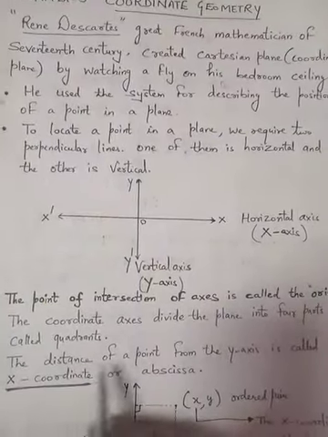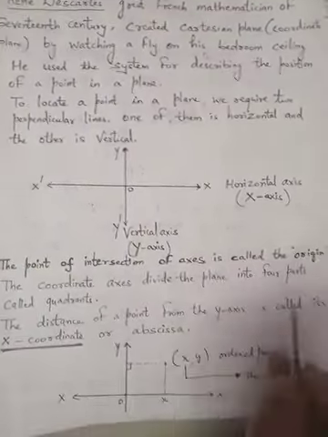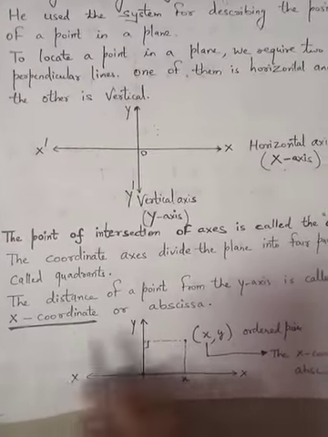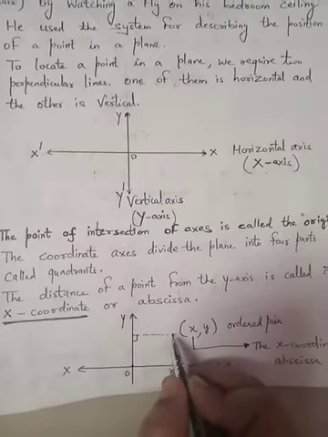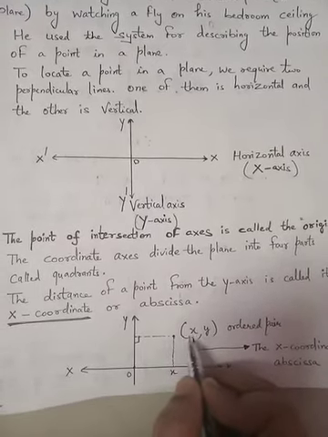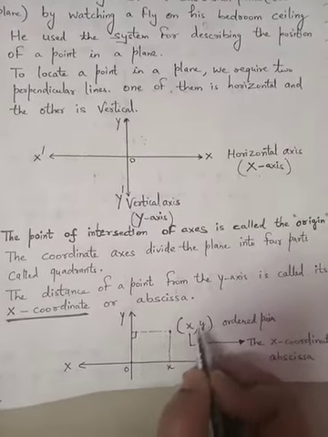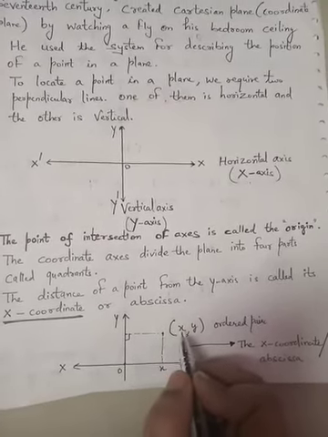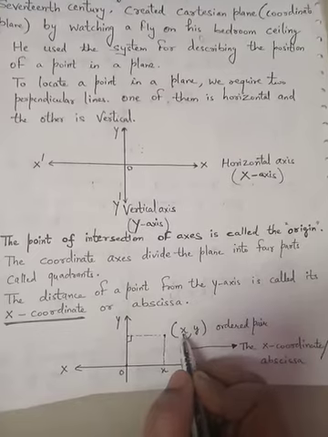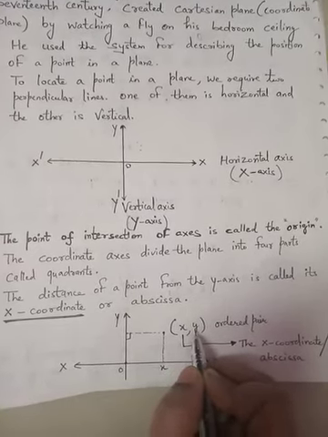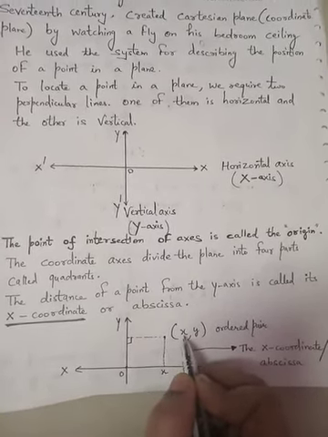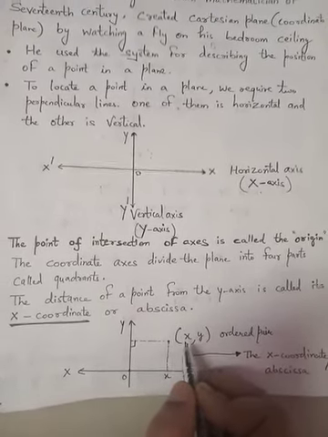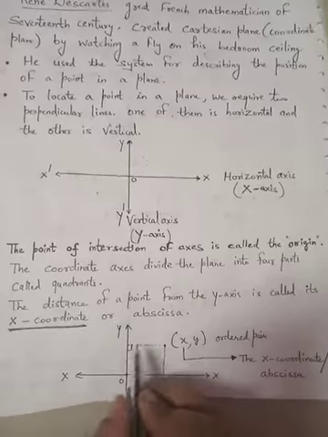Now, the distance of the point from the y-axis is called its x-coordinate. Look here, this is your point. This is called the ordered pair and we write it in brackets as (x, y). This is called the x-coordinate and this is called the y-coordinate.